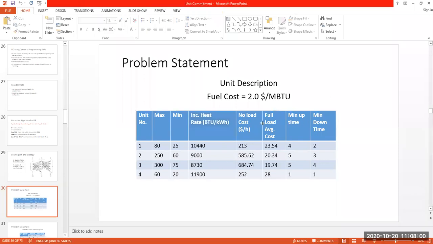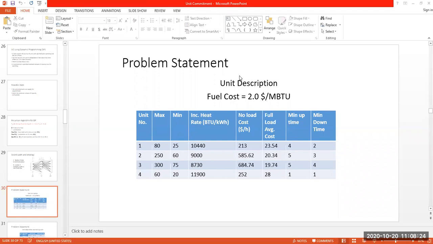The no load cost is there. What is the no load cost? Anyone? The no load cost of a unit means the unit is online, but it is not supplying anything because the demand is less.